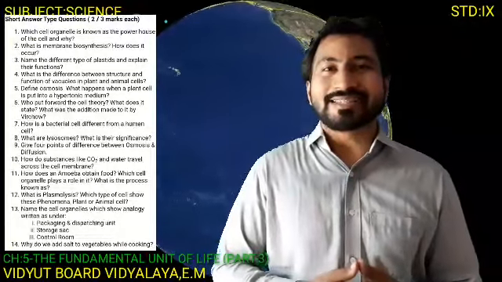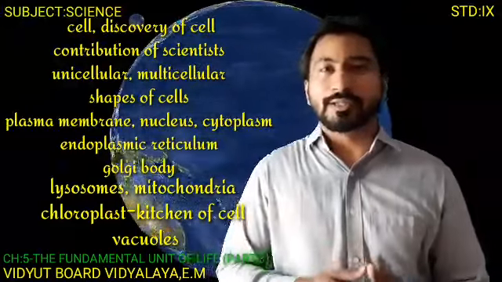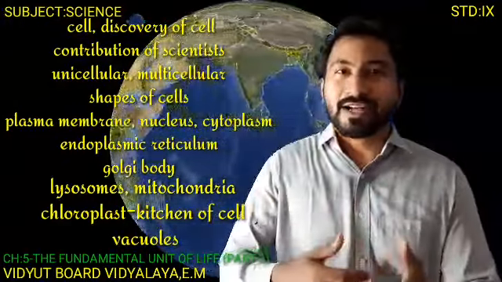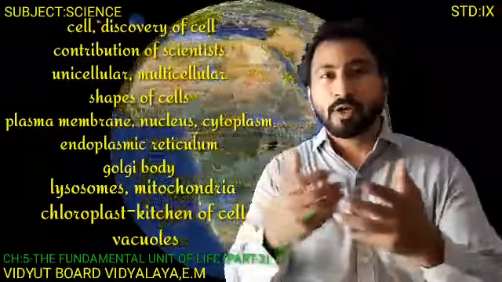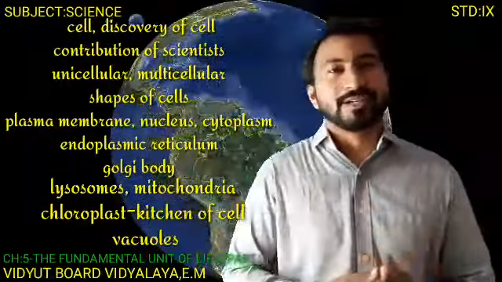Now let us revise this entire chapter. Well, in the starting we dealt with a typical cell, its discovery by Robert Hooke, how he used the cork cells and observed them under the microscope. Discovery by various scientists, Leeuwenhoek, Robert Brown, then Purkinje, and various other scientists.